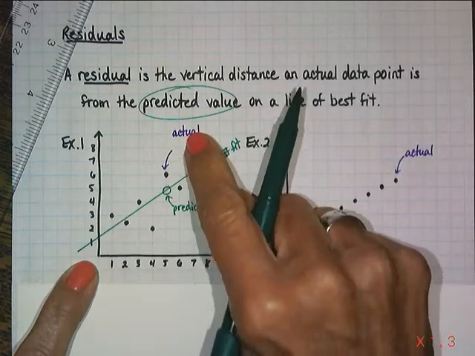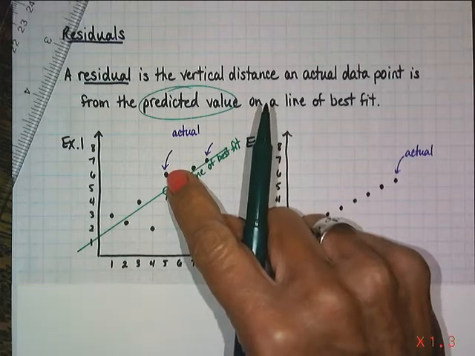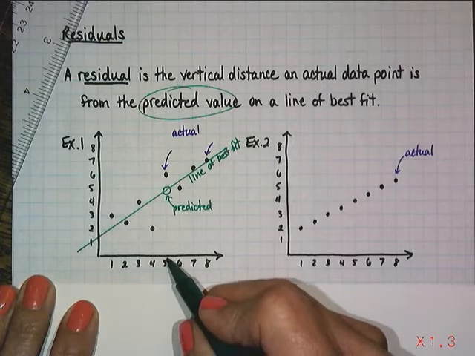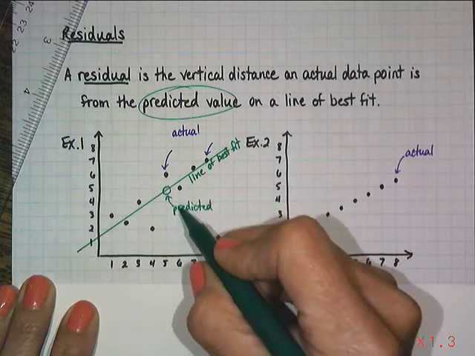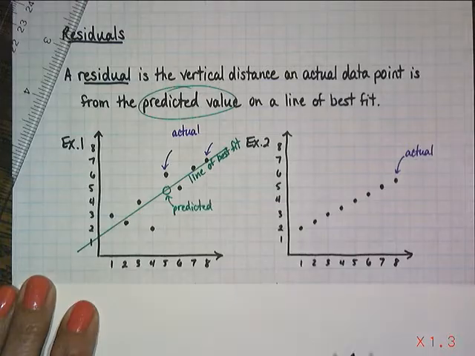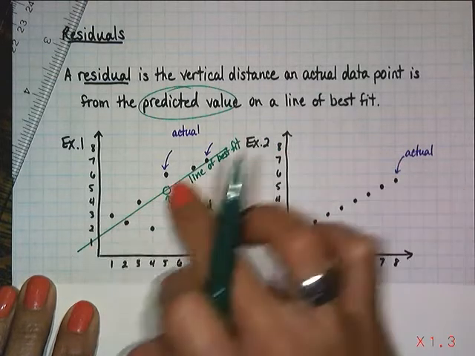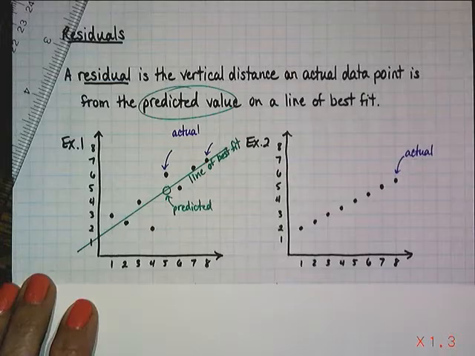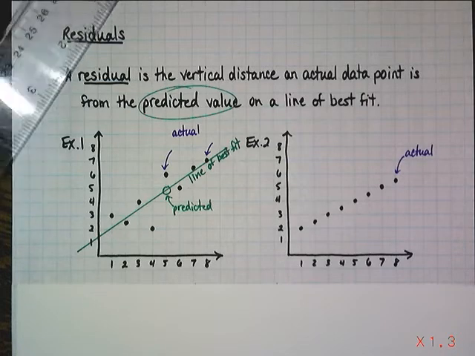But the actual value of data that was described is 6. So when x is 5, the predicted value is about 4.8, but the actual value is 6. Keep in mind, a line of best fit just helps you make predictions for those data points you can't see or those data points you don't have.